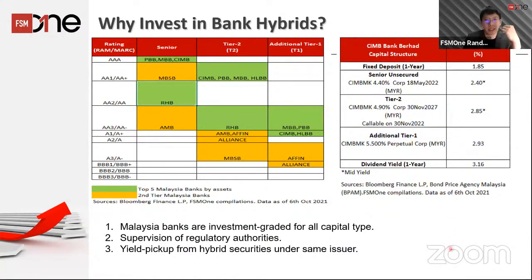Okay, so this is the debt or bonds issued by CIMB Bank based on its capital structure. If you have confidence or faith in these banks, you can actually consider their hybrid bonds, either tier 2 or AT1 bonds. It still gives quite a good yield, ranging around 2.85% for the tier 2 bond, or even 2.93% for the AT1 bond.